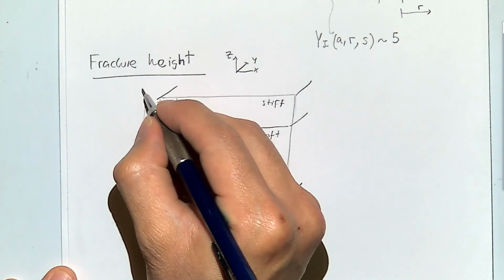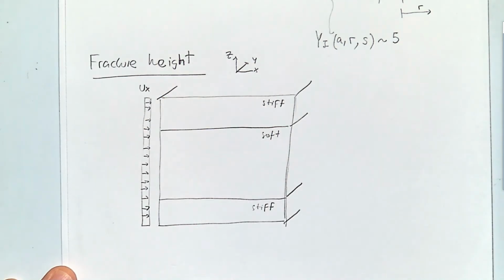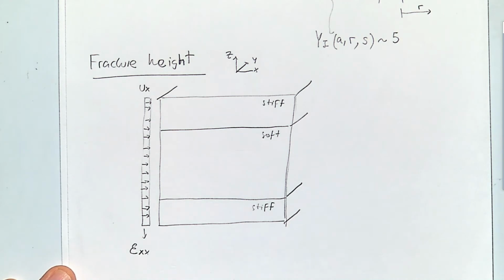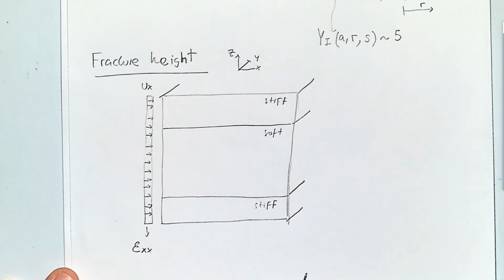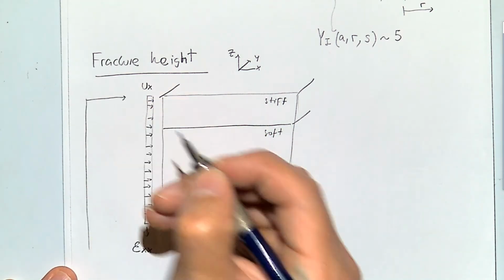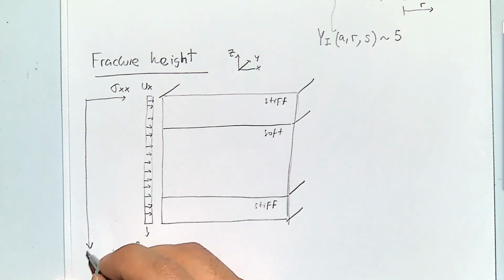So in the far field, there is a constant displacement which results in a constant strain in direction x, which is the same in all intervals. And we have stiff, soft, and stiff rock. My question here is, what is going to be sigma xx as a function of depth?